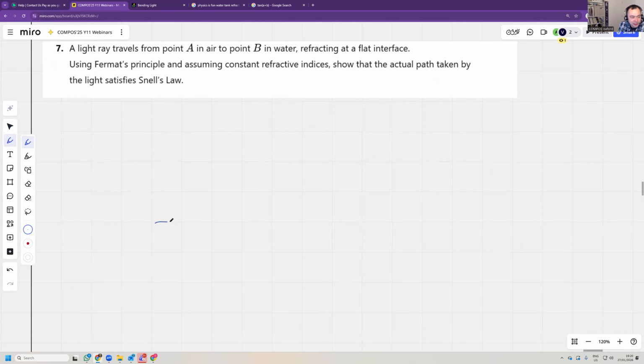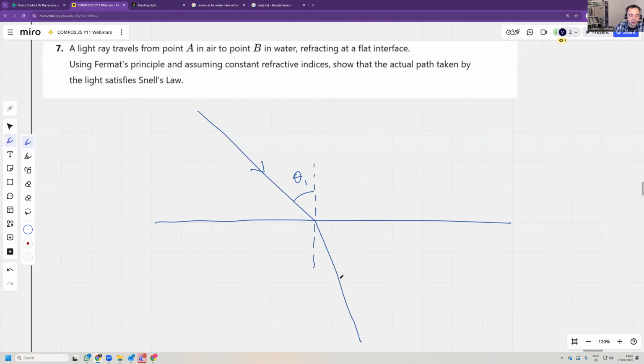Imagine you have a boundary and a ray of light entering the boundary at an angle θ1. Light travels from point A to point B, and it hits the boundary at point C. The refractive indices are n1 and n2.